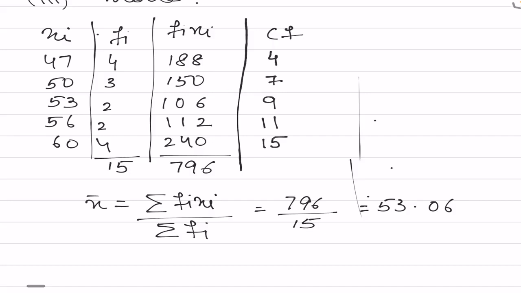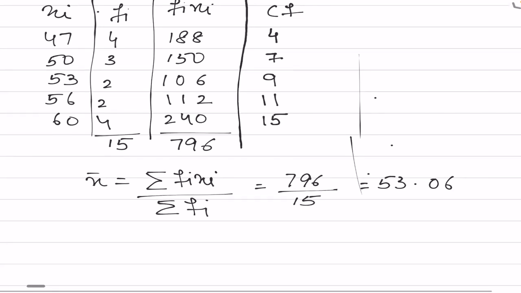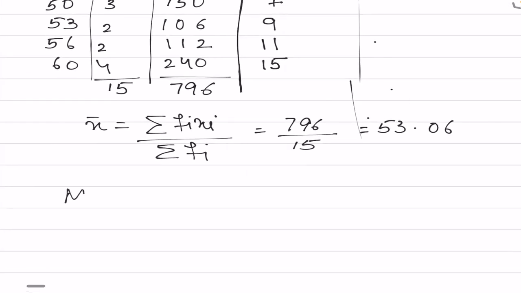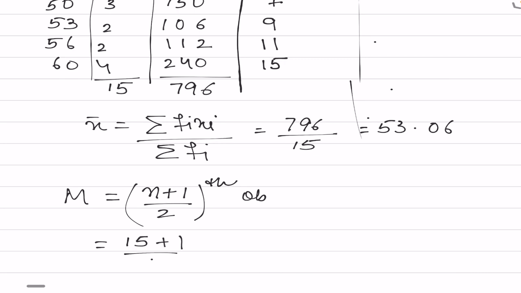Now 15 is odd, the sum of the frequencies is odd, so we will use the formula for odd data. Median is equal to (n plus 1) upon 2th observation. So 15 plus 1 upon 2 is 16 upon 2, that is the 8th observation.